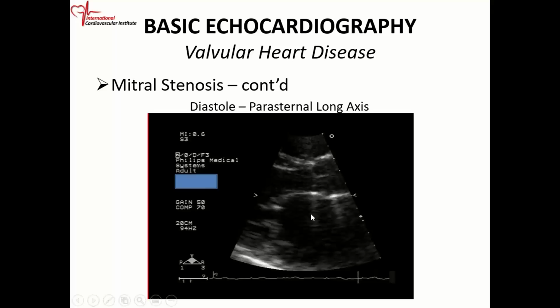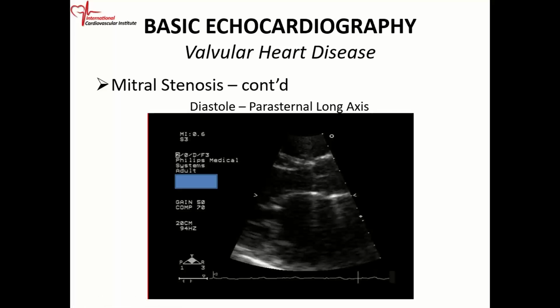So this is what we're talking about. This is a parasternal long axis view, and you can see the anterior mitral leaflet and the posterior leaflet. If you look closer at the anterior mitral leaflet, you see that acoustic configuration. The reason you get that configuration is because of the commissural fusion.